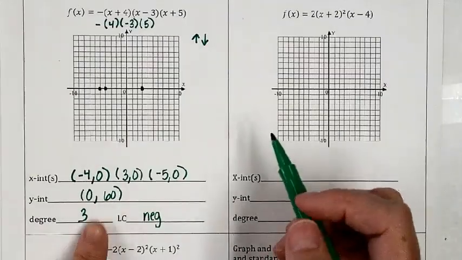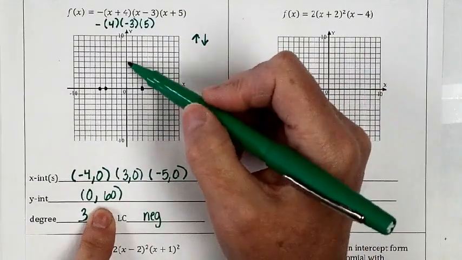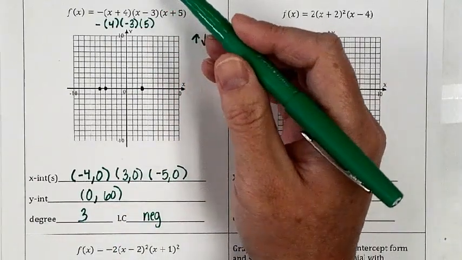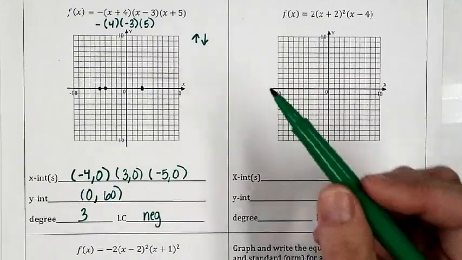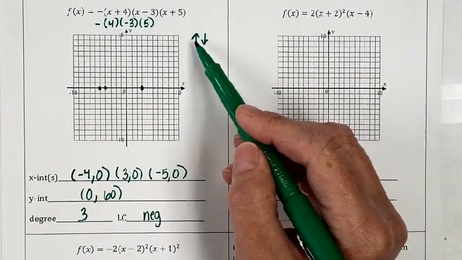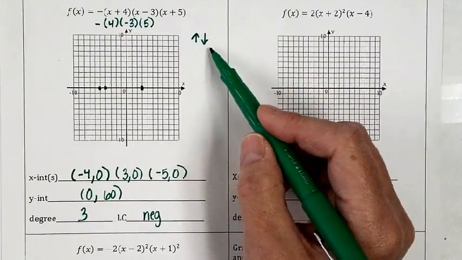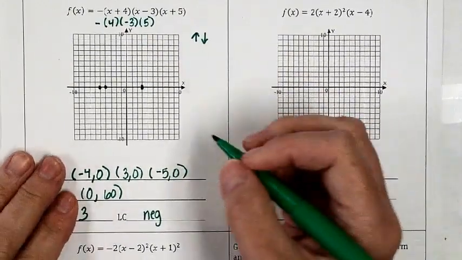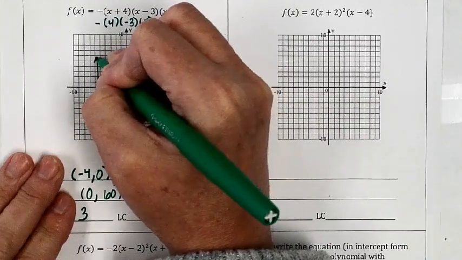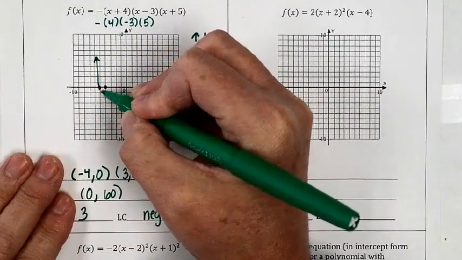Alright, now I know my y-intercept is at 0, 60. This graph only goes up to 10. It's way off the graph, but we need to keep that in mind. So degree 3, I need 2 turns, and I need to go up for the left end and down for the right end. So I'm going to go down.